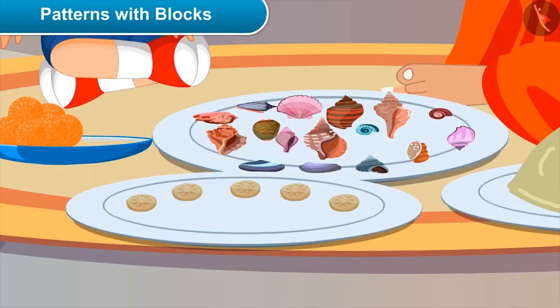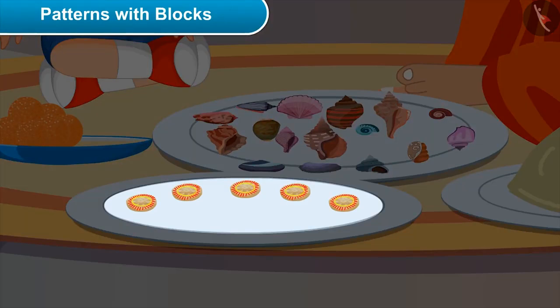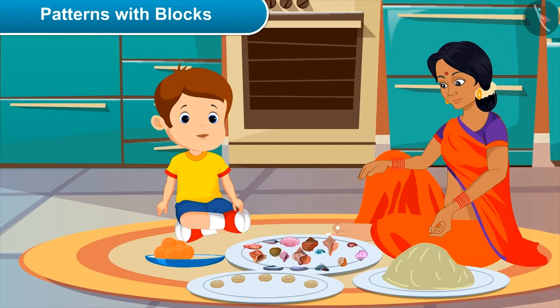Oh wow, mother, this sandesh has got such a beautiful design on it. See how this arc surrounding the flower is making a beautiful pattern. Yes, mother, can I make two? Yes, why not? Let's make this together.